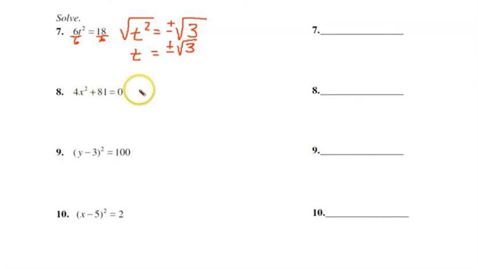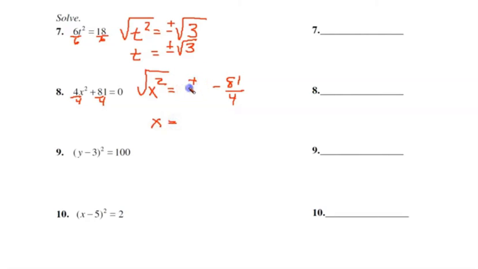Now over here, we're going to solve for the x squared. We had to divide both sides by 4. So when we transpose that, that came over as a negative 81 over 4. And again, we take the square root of this side. That will give us x.